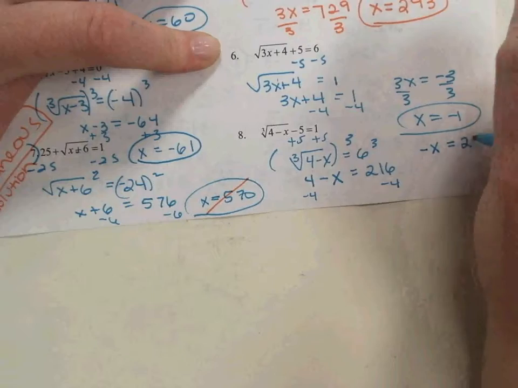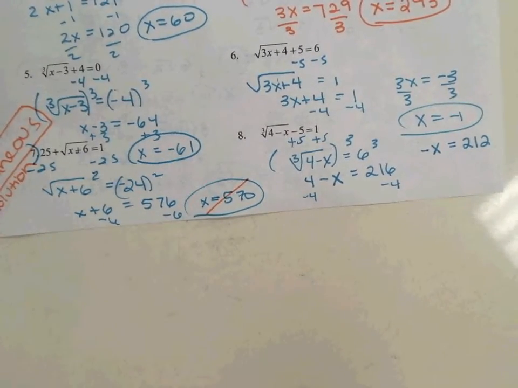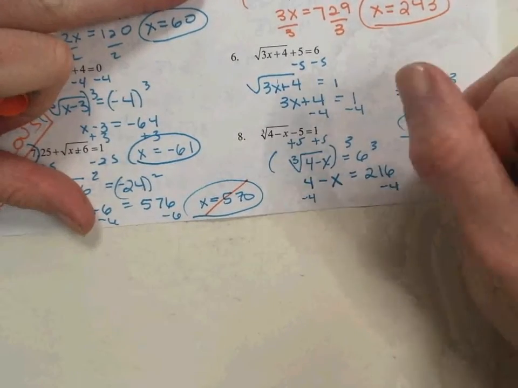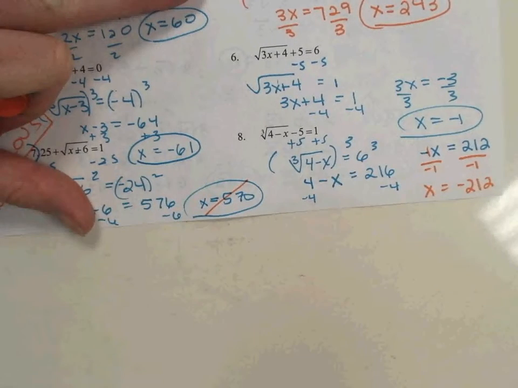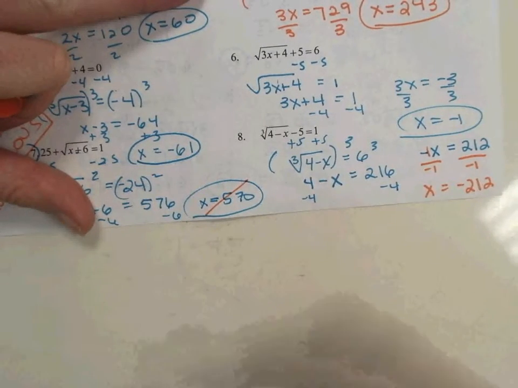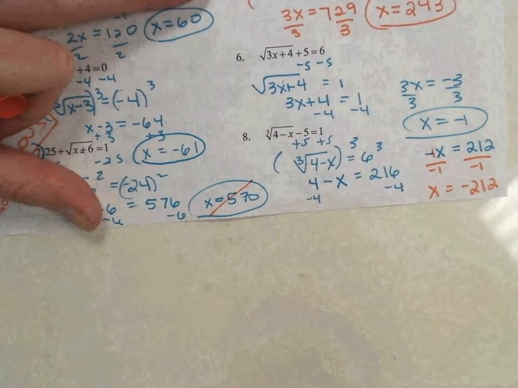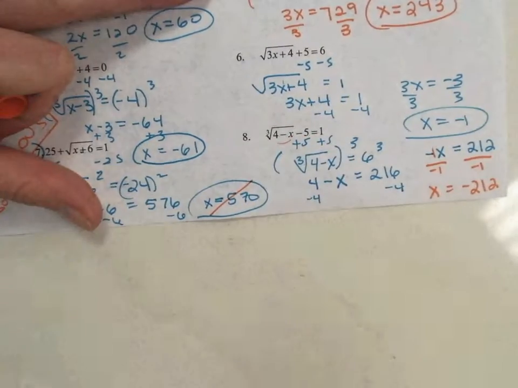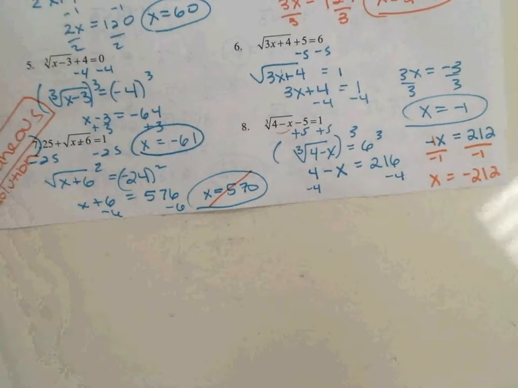This is a common mistake, to forget the negative in front of the x and then forget to divide both sides by that negative 1. So x is actually negative 212. When we plug negative 212 back in for x, we get a positive 216 underneath the radical. Cube root of 216, we get 6. 6 minus 5 is 1.